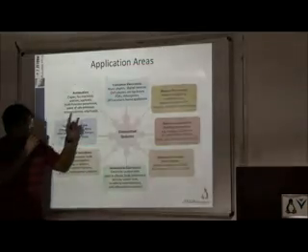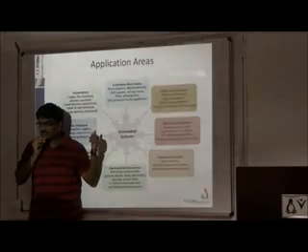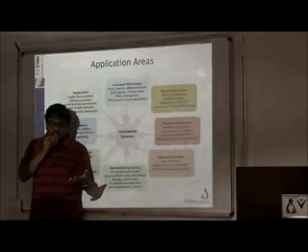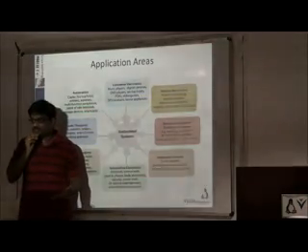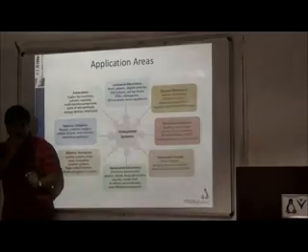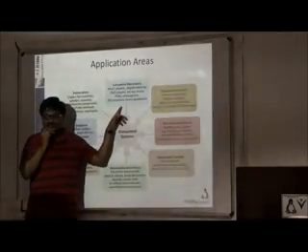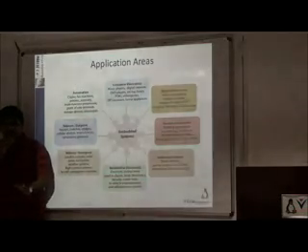The second is consumer electronics. Daily we see a new vertical product getting added. We didn't have iPads or tablets all these days. Now we have a new segment called the tablet PC. Like this, every day you see a new product coming into this area. So these are two areas where visibly lots of investments are happening.